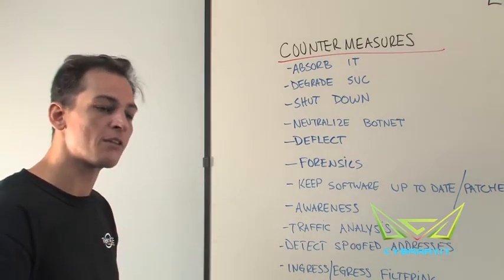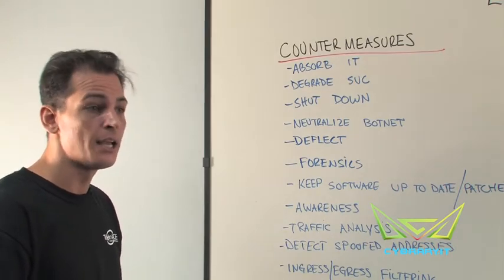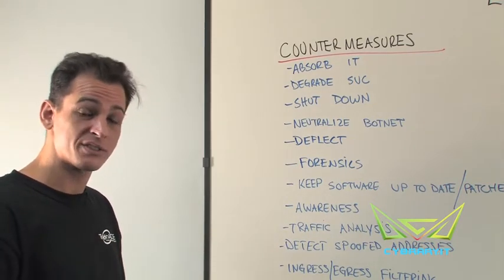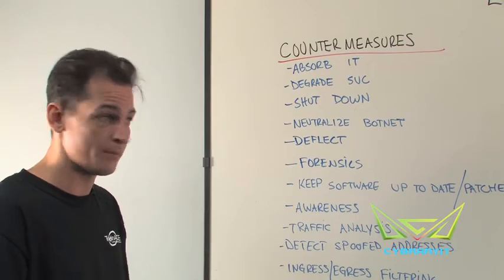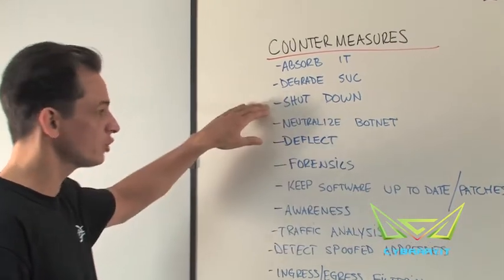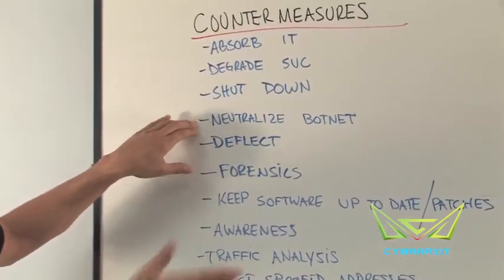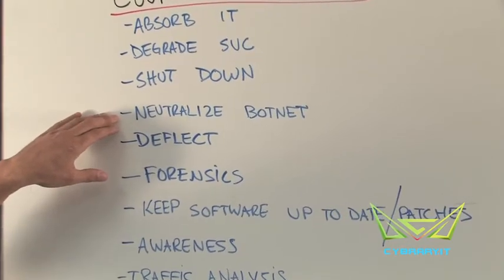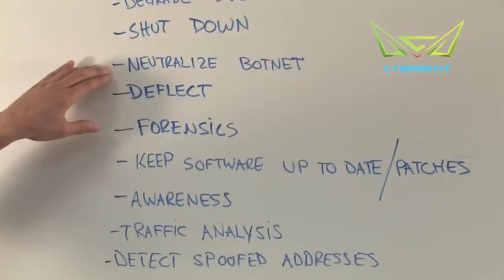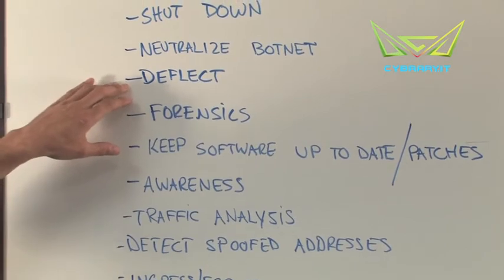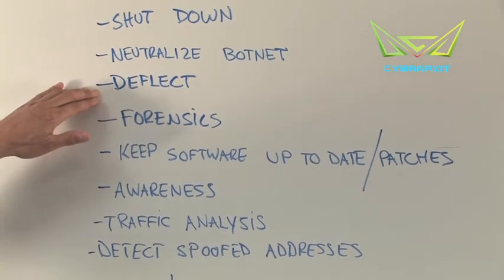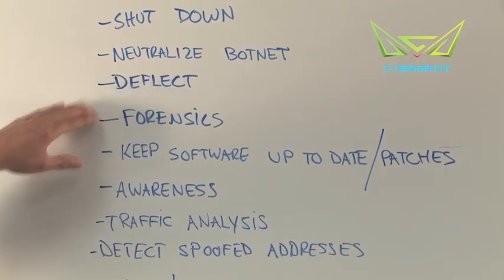You could basically shut down your non-critical services and hope that there are just enough critical services to maintain being up and running. You could try to actively find the botnets that are out there and neutralize them. You could deflect them, right? If an attack comes in, you deflect it and send the traffic somewhere else.